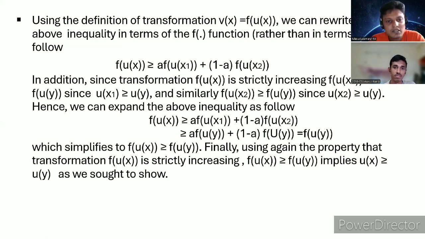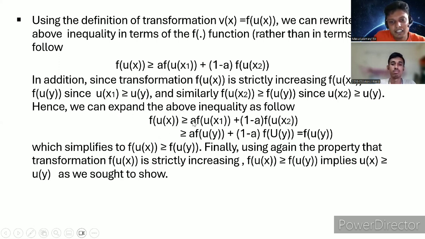In addition, since the transformation f is strictly increasing, f of u of x1 is greater than or equal to f of u of y, since u of x1 is greater than u of y. Similarly, we can say that f of u of x2 is greater than or equal to f of u of y, since u of x2 is greater than u of y.